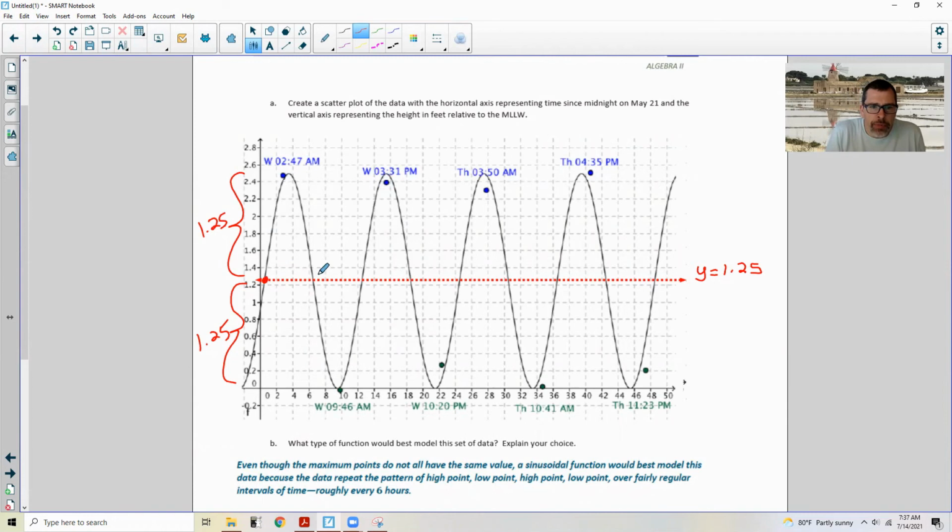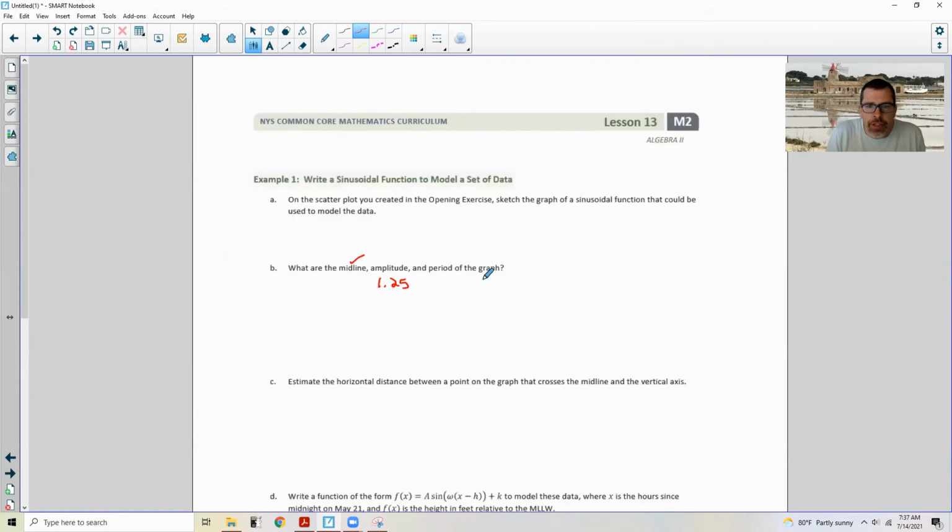Up to a maximum, down to a minimum, and back up to a maximum is one period. This right here is one period. It started at almost 0, and then it got to a little more than 12, but we started a little more than 0. So the distance from here to here is 12 hours. So the period is 12 hours.